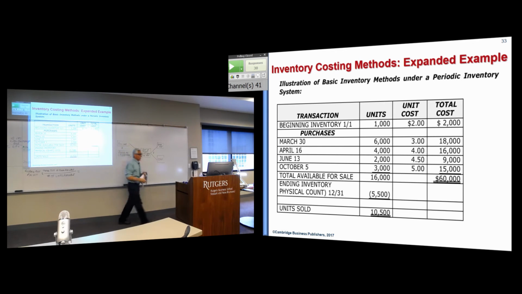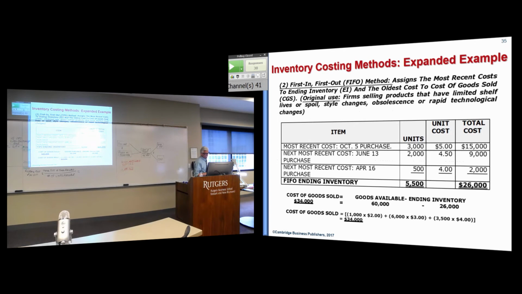So if I look at the calculation, again right here, I'm going to have the most recent cost, 3,000 at 5, the next most recent, 2,000 at 4.50, and then the next most recent, 500 at 4. You keep counting up the table until you get 5,500 units at a total cost of 26. If, of course, I'm confident enough, I take my goods available, subtract the ending inventory, and get the cost of goods sold at 34.